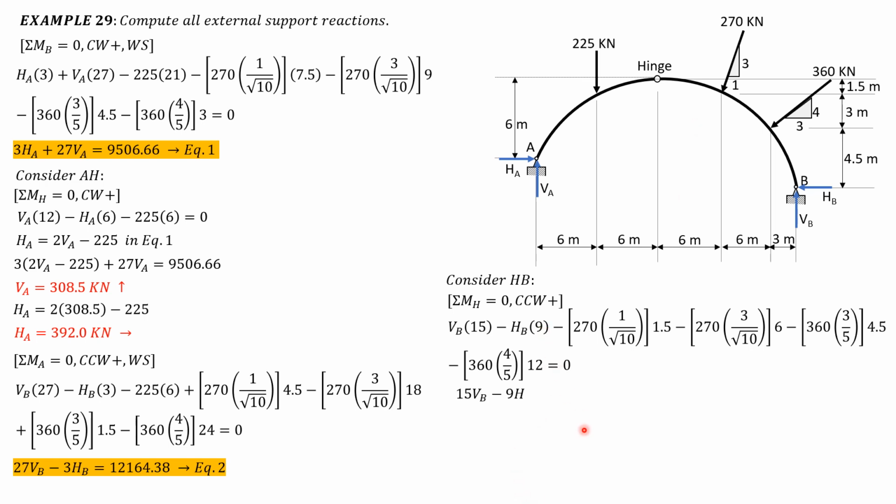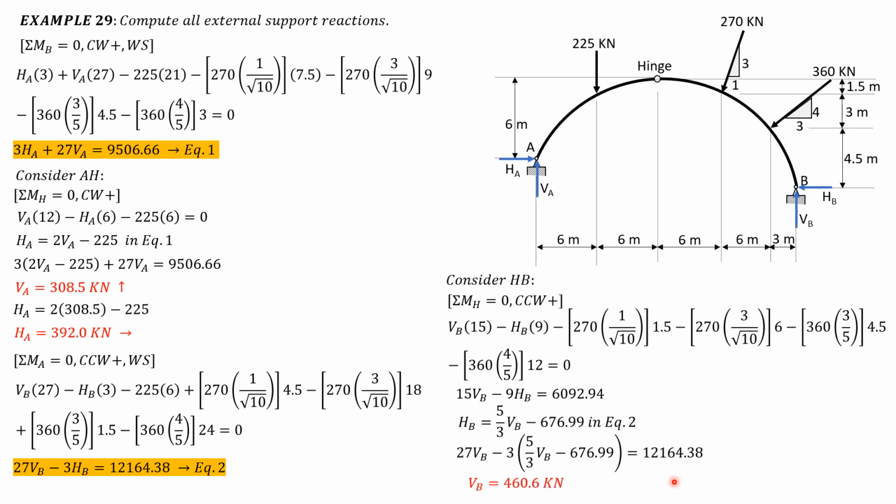Simplifying, 15 V sub B minus 9 HB equals 60,092.94. So HB is equal to 15 over 9, which is 5 thirds V sub B, minus 676.99. Substitute into equation 2: 27 V sub B minus 3 times quantity 5 thirds V sub B minus 676.99 equals 12,164.38.